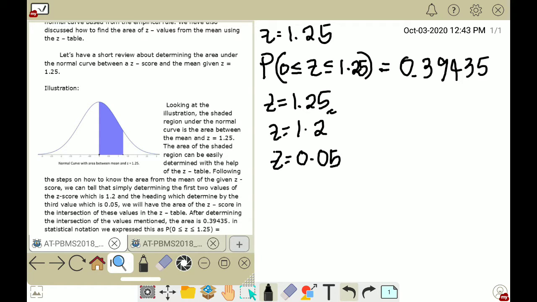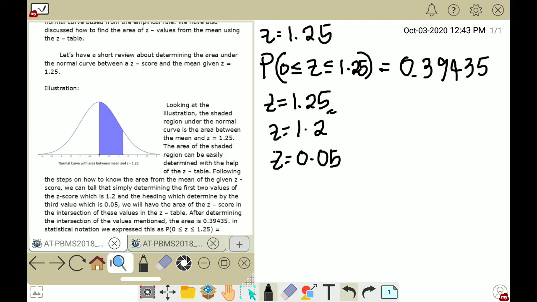That's the area. If you want to show it in your illustration, just put it here, but it is not necessary as long as you put it in your equation or formula. As simple as that, just locate it on the z table.